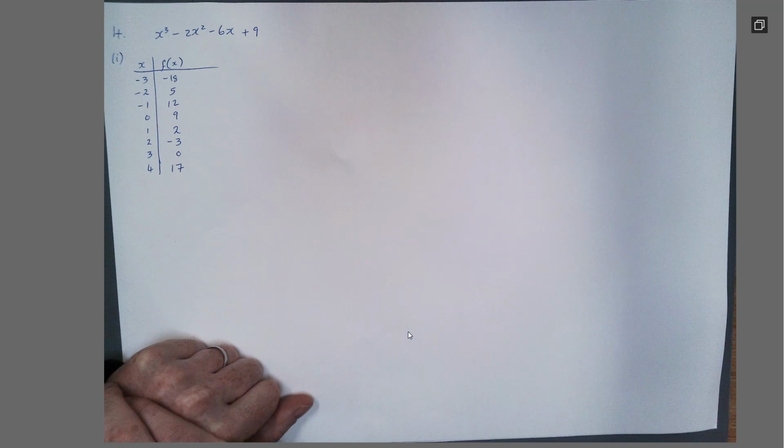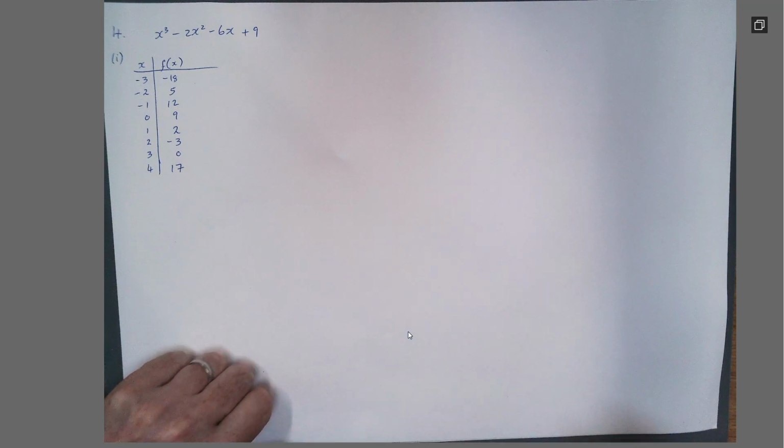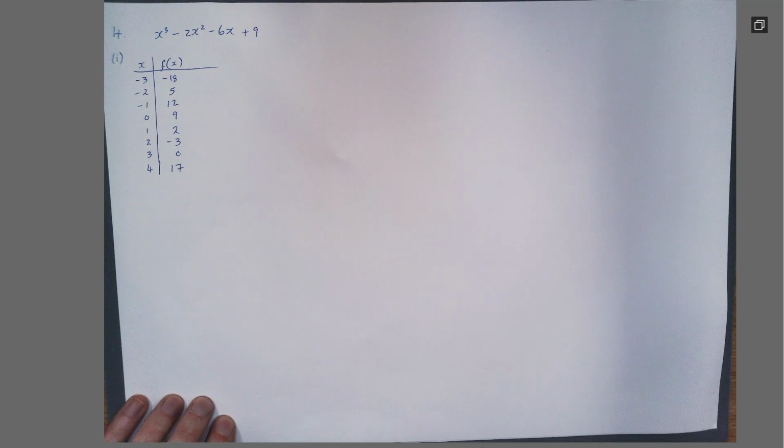Part of the second: use your graph to find the solution of the equation f of x equals 0. So we can graph it by hand. Okay, so we need a sketch of the graph.